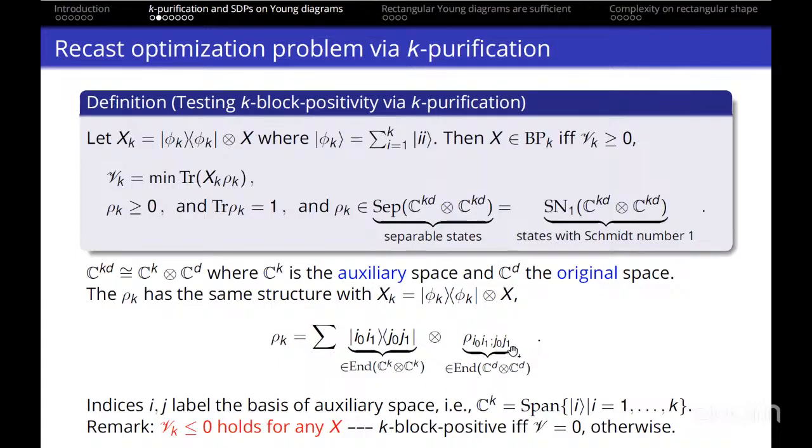To define the optimization problem, remember there is a very important thing: the optimization value will be tested as non-negative or negative. We don't have a positive value.